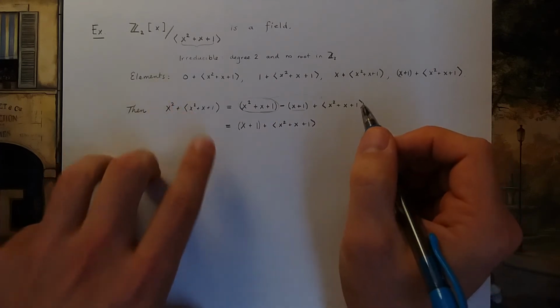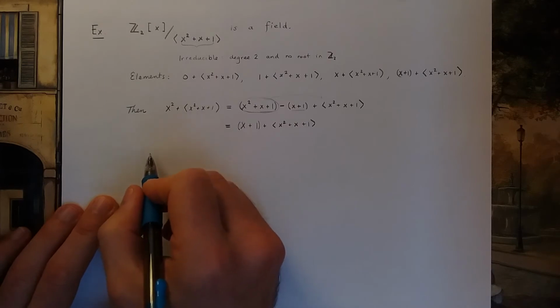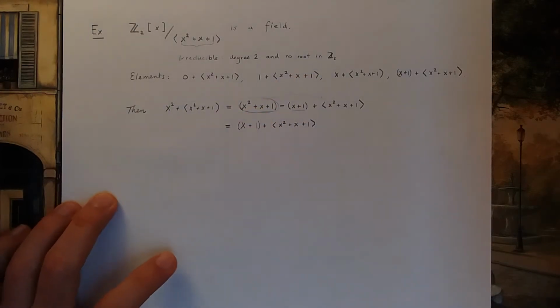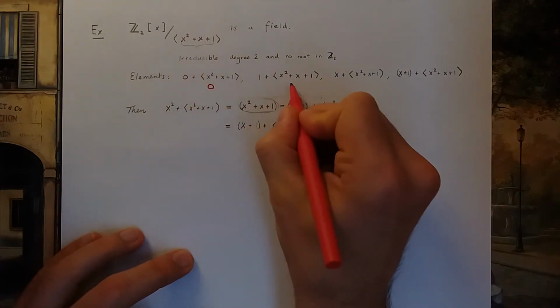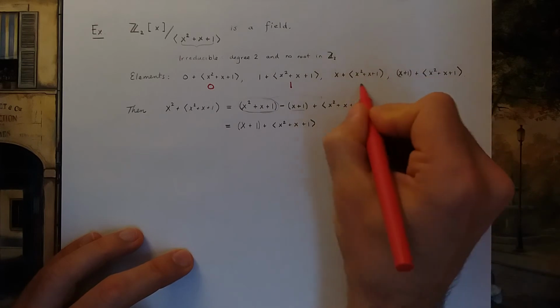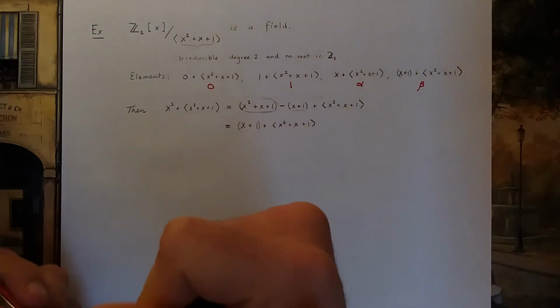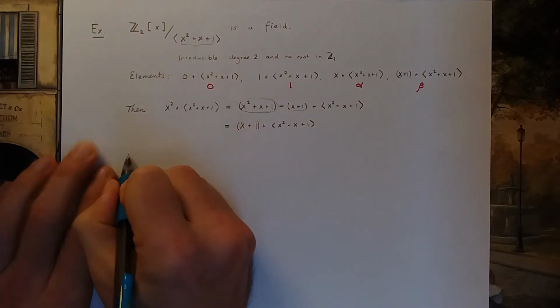Now, let's do the multiplication tables. So I don't have to keep writing these down all the time, why don't I call this equal to 0? I'll call this element 1. I'll call this element alpha, and I'll call this element beta. So let's do the tables.